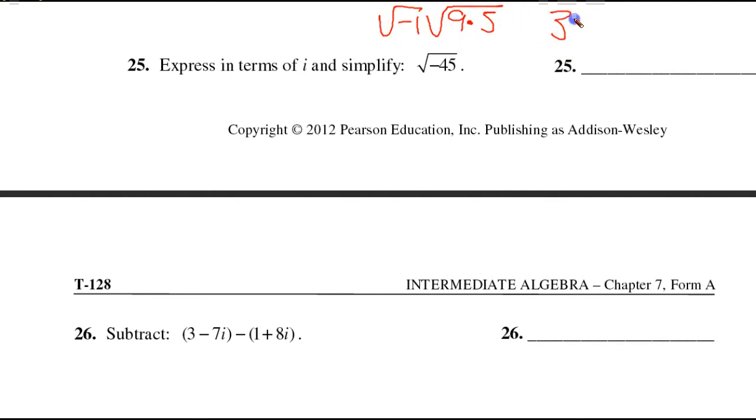So we get 3I square root of 5 for this answer. And here, when the I appears in a string of terms, it's just like it was a variable. Here, this will become a plus, this will become a negative, and this will become a negative, and just add your items.